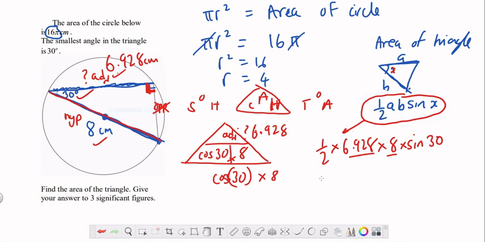So do that on the calculator and that should give me the area of that triangle. On my calculator it's saying 13.856, but I notice here that's to 3 SF. So that'll be 13 point, not 8, because the next number is 5 or more, so that's going to be 13.9 centimeters squared.